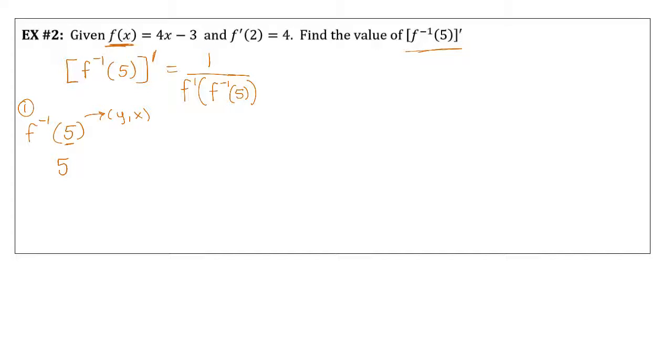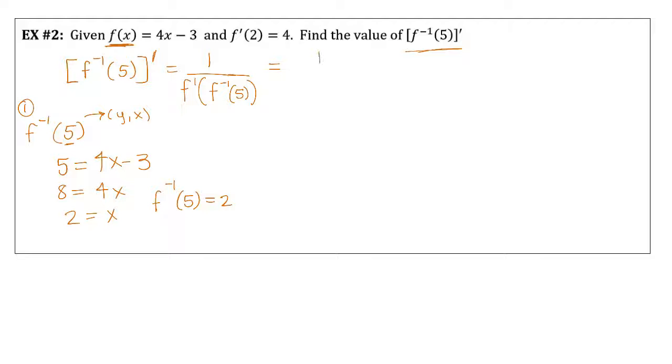So in other words, this means the same thing. For f inverse of 5, 5 equals 4x minus 3. And to solve for x this way, we would add 3 over, and so x would be 2. So that tells me that f inverse of 5 is actually 2.